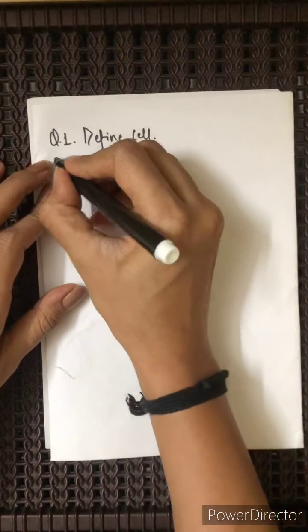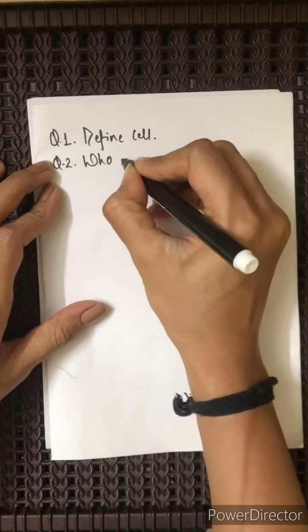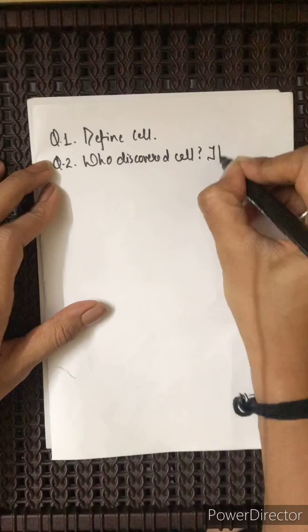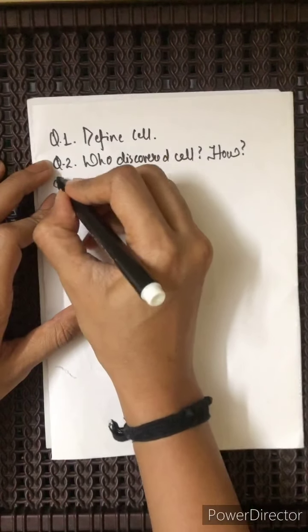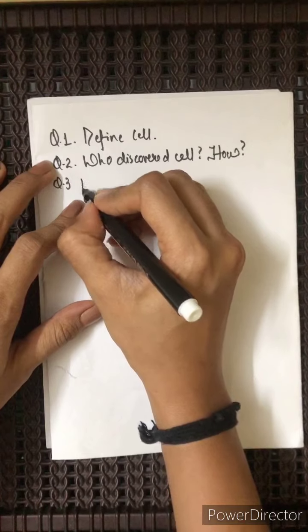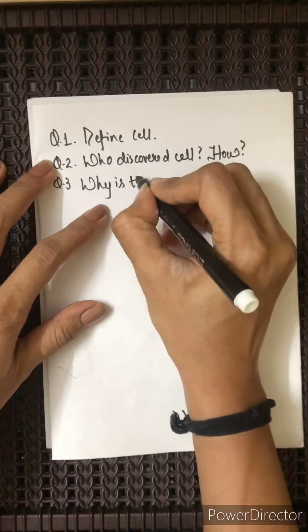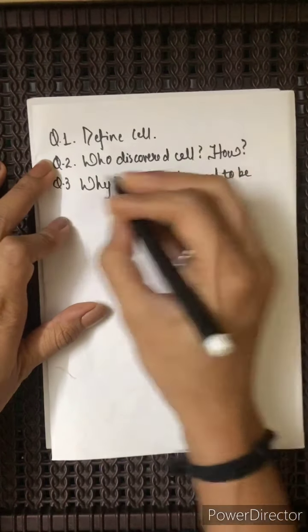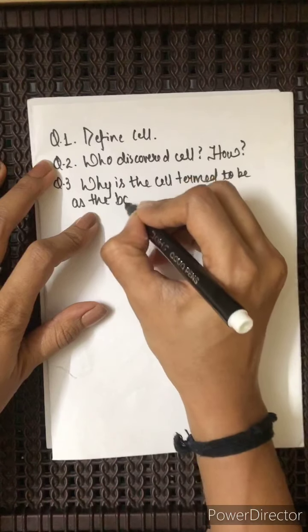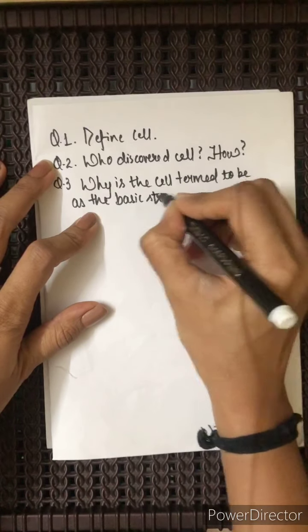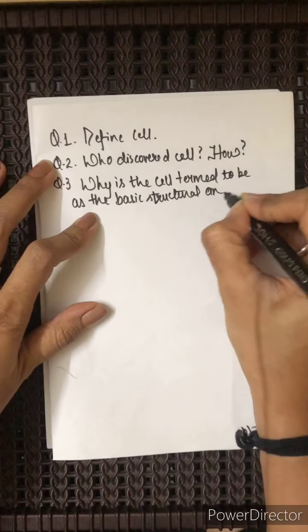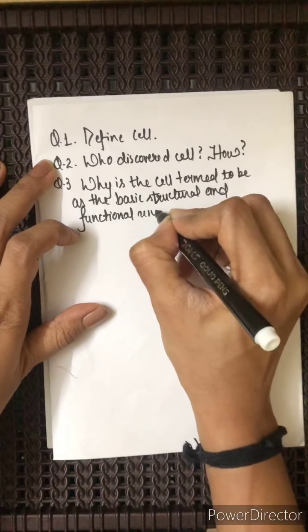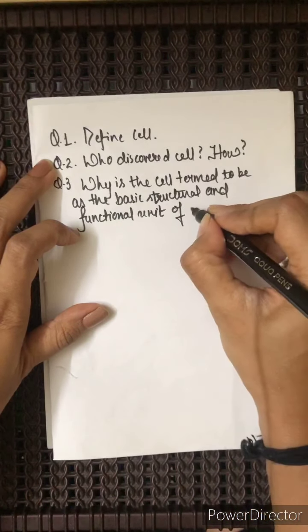Define cell. Who discovered the cell and how? Why is the cell termed the basic structural and functional unit of life?